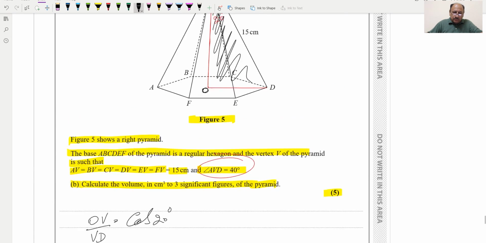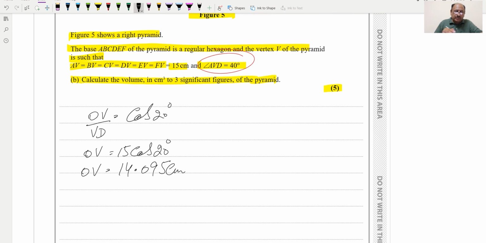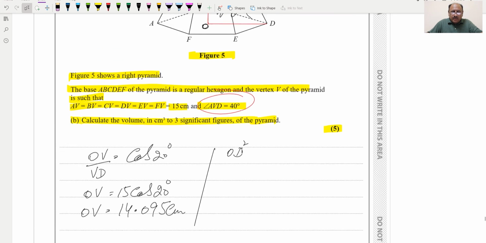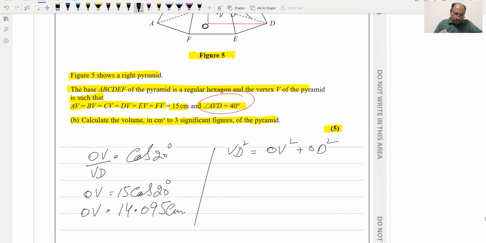Now we can find OD by Pythagoras theorem. We have 2 sides, so VD squared is equal to OV squared plus OD squared.